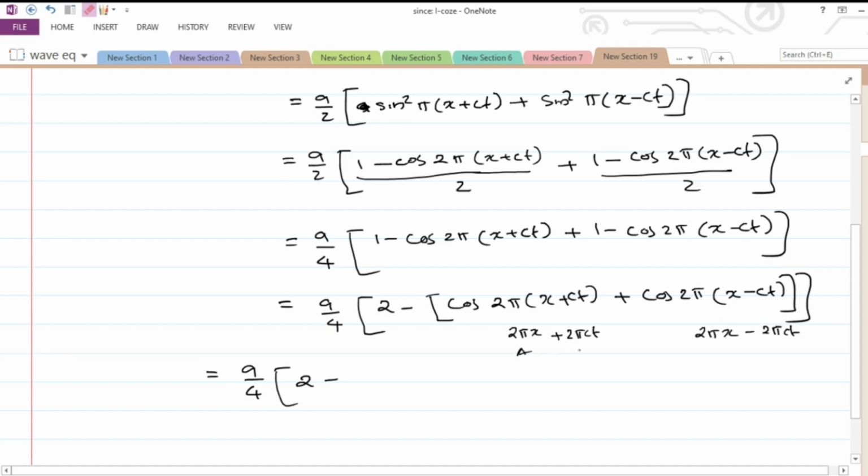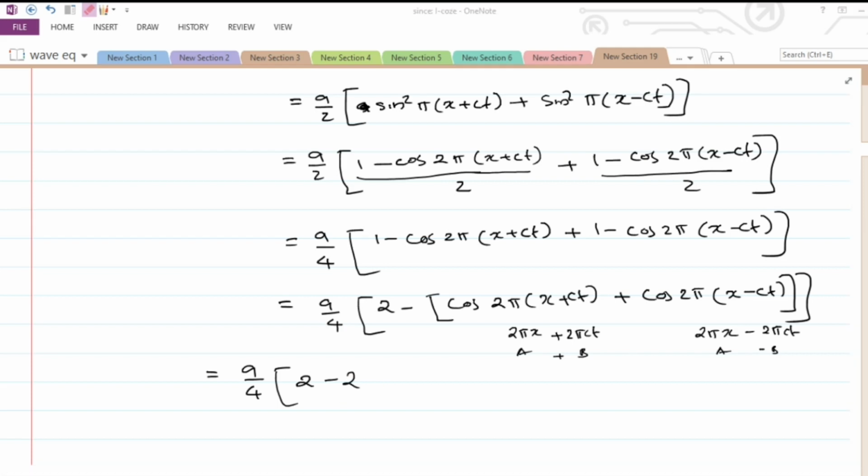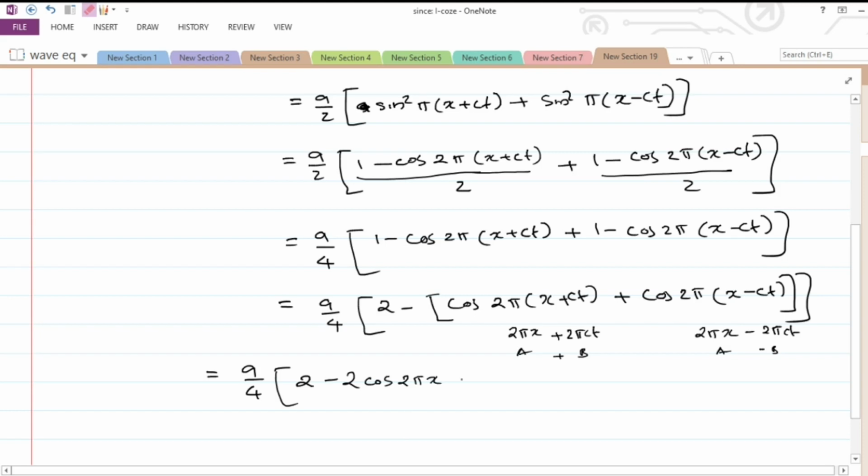So a plus b, a minus b. So what we get is cos a plus b plus cos a minus b, so 2 cos a cos b. Here 2 cos a is 2 pi x, and cos b is 2 pi ct.